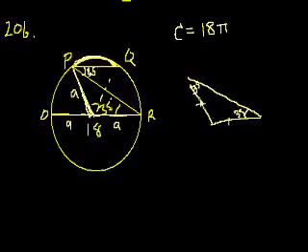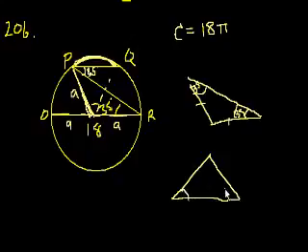Because the base angles of an isosceles triangle are equal, right? I could redraw it like this. This is an interesting problem. So if we know that length is equal to that length, then we know that that angle is equal to that angle. So then this angle right here has also got to be equal to 35, right?